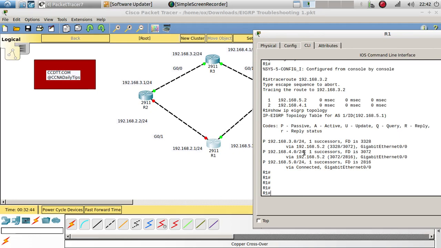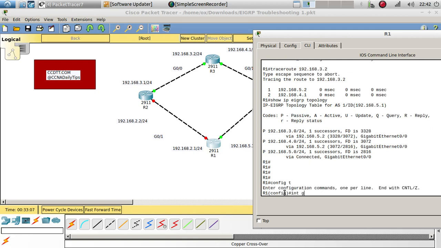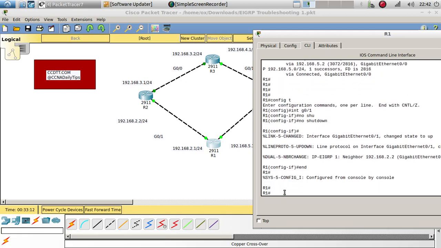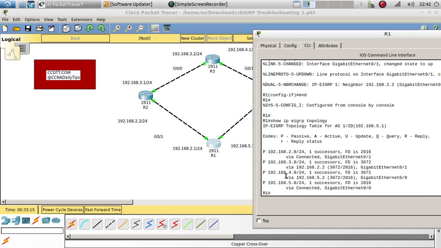And as you can see right here, now we have another successor, which is router 4, to reach, I'm sorry, this one over here. We're using router 4 to reach this network over here, because this IP address is shut down. But if we now no shut that interface, we are going to see that it's going to change to router 2 now, because router 2 is working now.